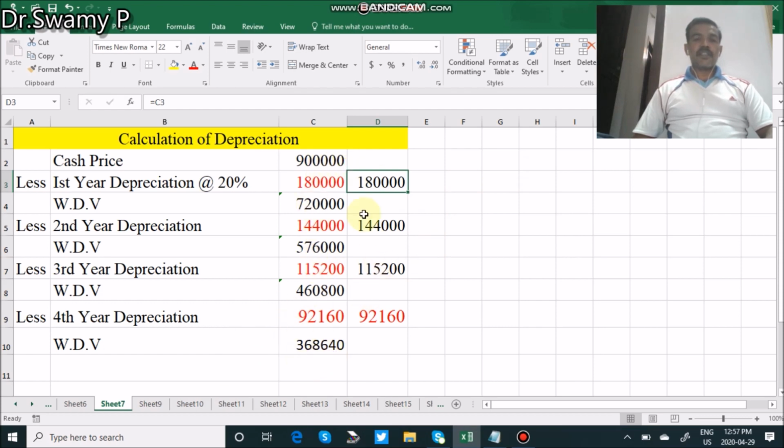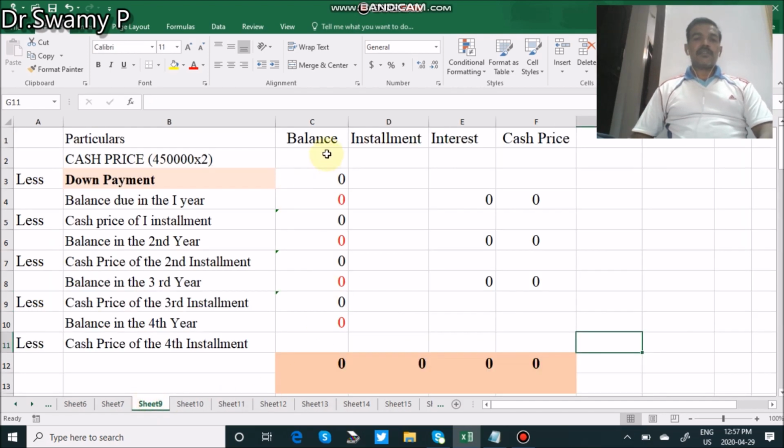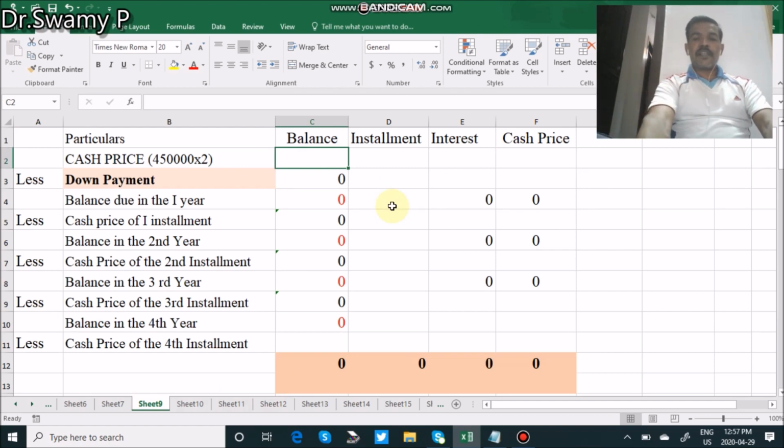So this is the sheet where the depreciations are recorded: first year depreciation, second year depreciation, third year and fourth year. These are linked to the further sheets. And let me go on to calculate the interest amount. See, the cash price of the asset is 9 lakh.